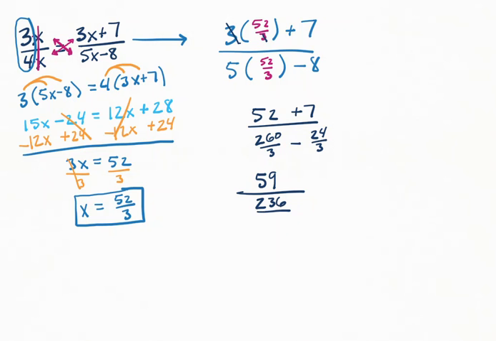Now if we're going to divide by a fraction, we just multiply by the reciprocal, so this is 59 times 3 over 236, and we end up with, well, 59 times 3, if it's 60 times 3, would be 180, so this is going to be 177.